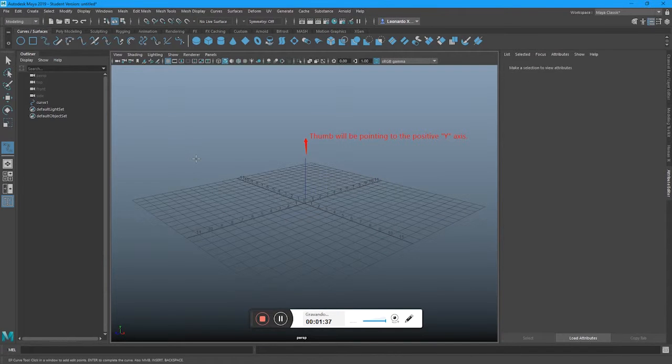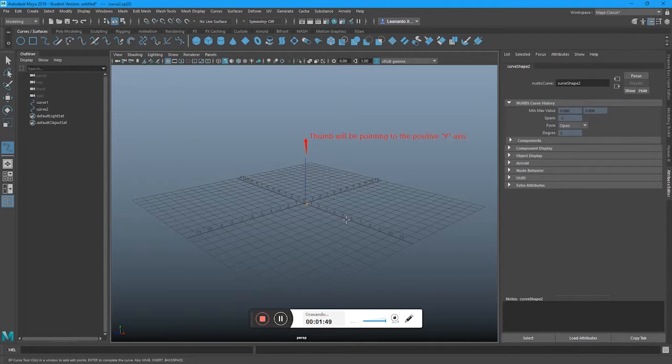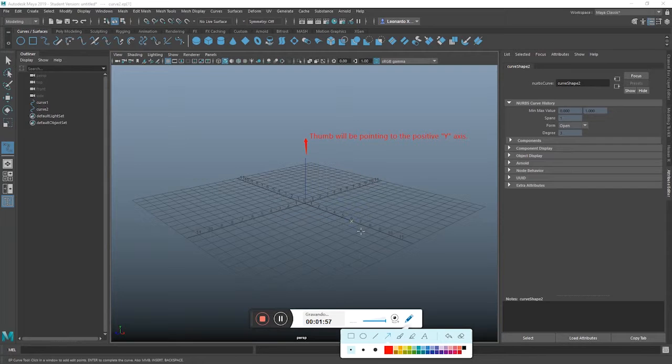The second one is going to be the middle finger, and the middle finger will be pointing to the x-axis.